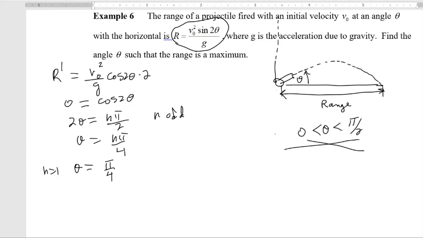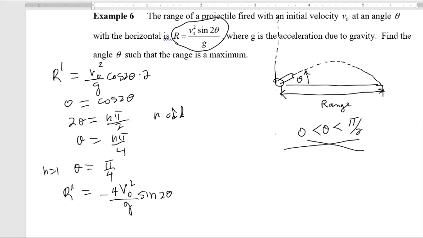You could test it with the first derivative test. You can also take the second derivative and test it that way if you really want. That's not too much work. Our R double prime is just minus 4 v0 squared over g sine 2 theta.